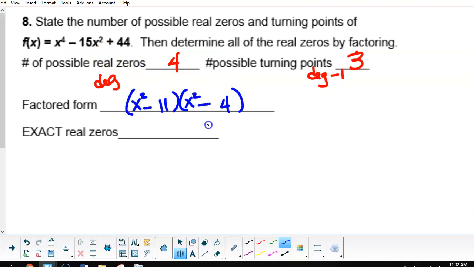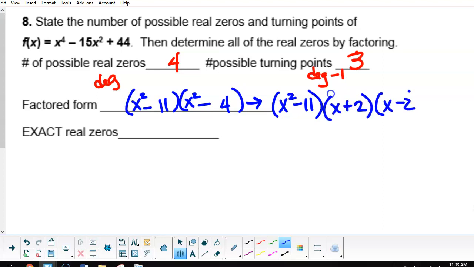Now, is that fully factored? Yeah. This further factors, the x squared minus 11 is not factored nicely, so I would just leave it. But what does x squared minus 4 factor as? An x minus 2.